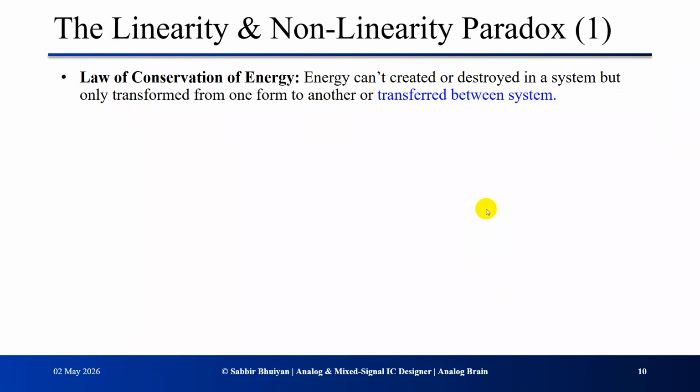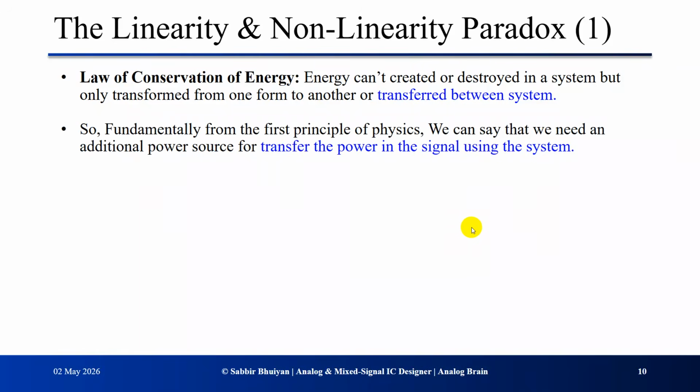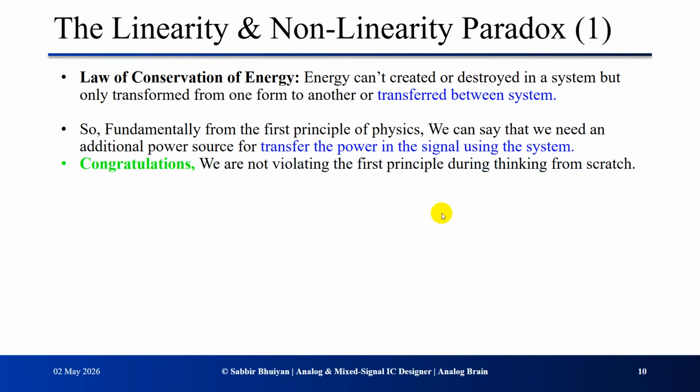Energy cannot be created or destroyed, it can only be transformed or transferred between systems. So if we want the output power to exceed the input signal power, we cannot violate physics. We need an additional energy source, and that source is VDD, the DC supply. So congratulations, we are not violating any first principle. We just need an external DC source.